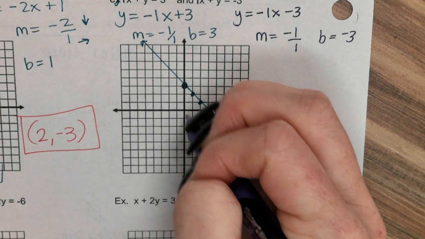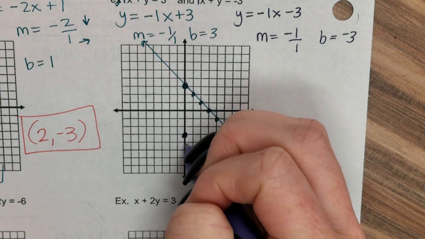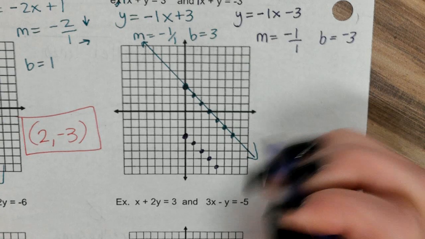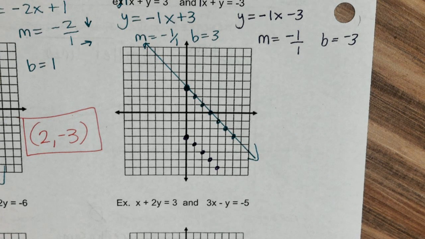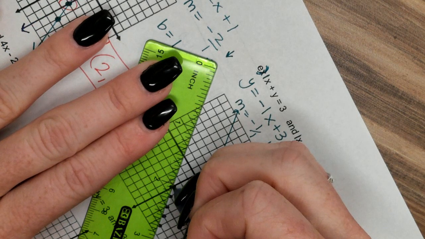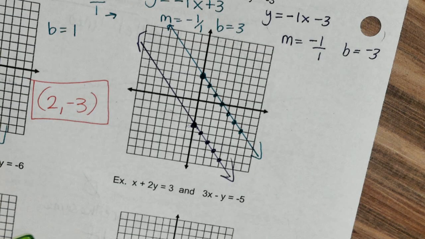So I go to negative 3, and then I'm going to go down 1, right 1. Okay, they are parallel lines, so they never meet.